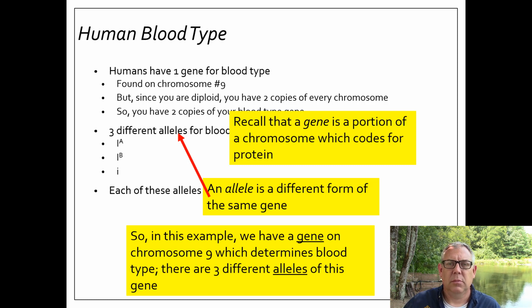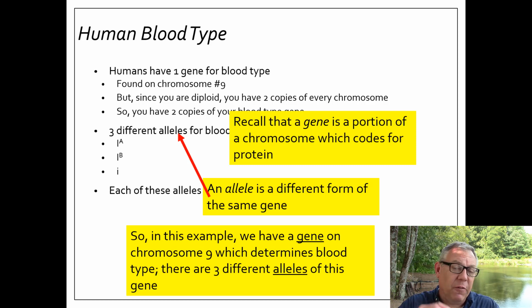Now I don't know if we've defined this term allele, so let's make sure we define that and you understand what that is. Remember that a gene is a portion of a chromosome that codes for a protein. And every chromosome has several genes on it. An allele is a different form of the same gene. In this example, everybody has a gene on chromosome 9 which determines their blood type.